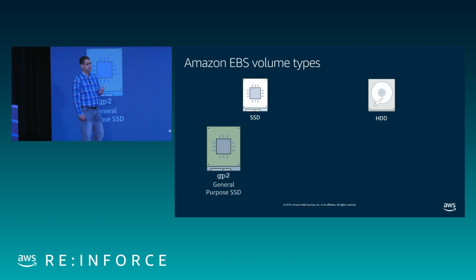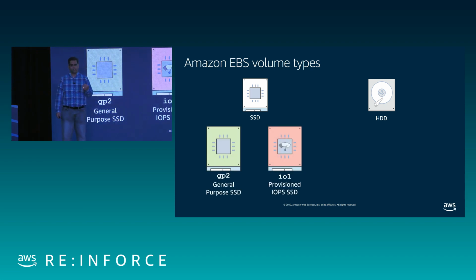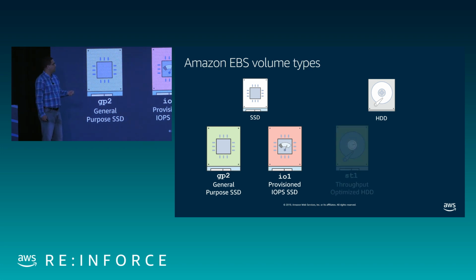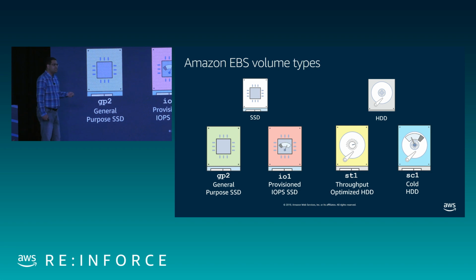Within SSD, you have GP2, which is the general purpose SSD, and IO1, which is our provisioned IOPS volume type. On the HDD side, we have two similar volume types, ST1 and SC1. ST1 is our throughput optimized HDD, and SC1 is cold HDD.